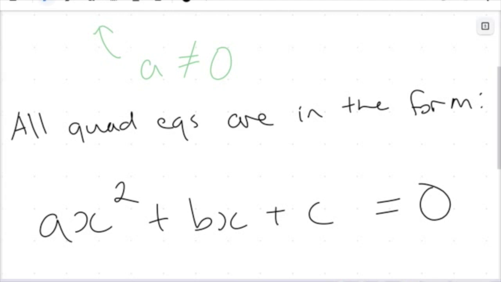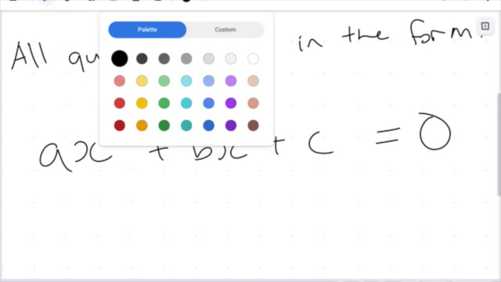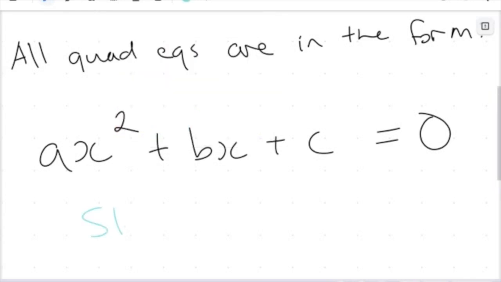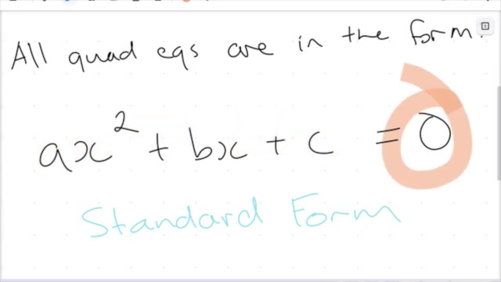This is the form that we're going to be working through when we solve our quadratic equations. And this thing here is called standard form. This is what we call the standard form of quadratic equations. So anytime we want to solve a quadratic equation, we want to get everything on one side equaling 0 on the right hand side.